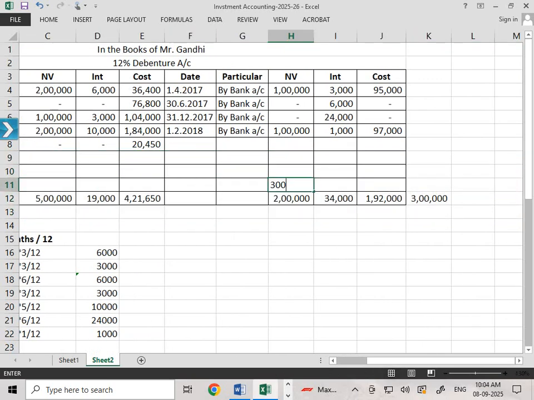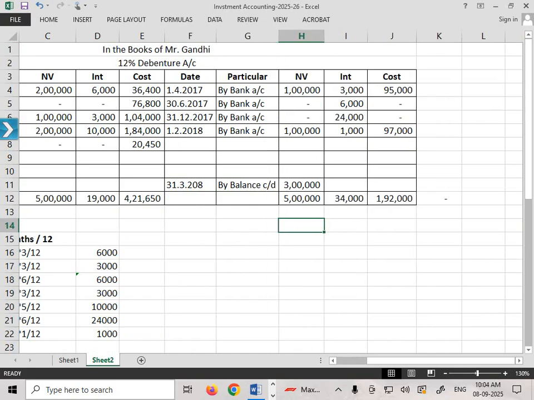So here you can write 3 lakh on 31st March 2018, by balance carried down.